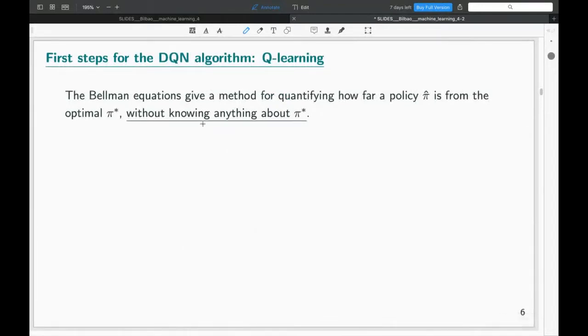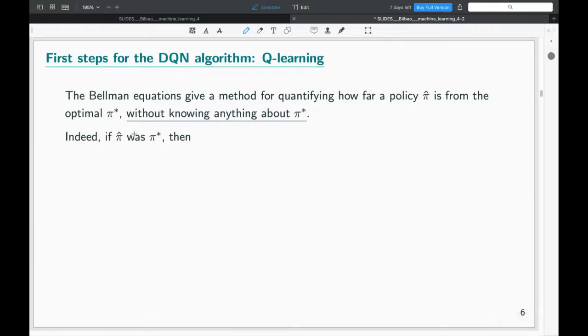Okay, so the Bellman equation gives us a method for quantifying how far a policy pi hat is from the optimal, how far a policy that we are working with is from an optimal policy. And we don't need to know anything about the optimal policy. Why is that?